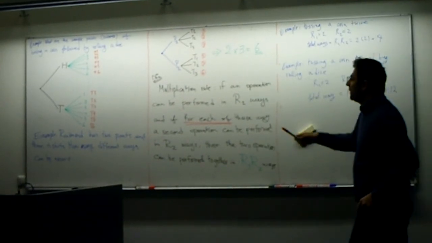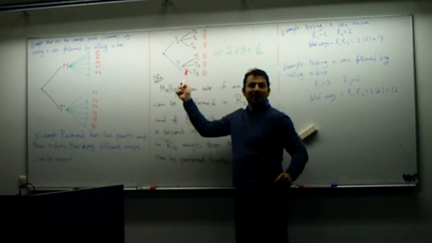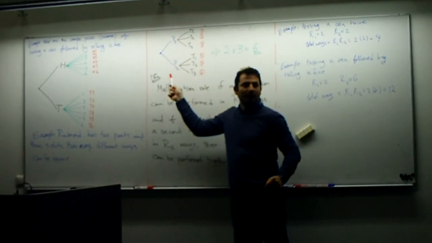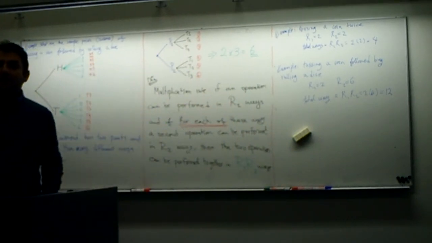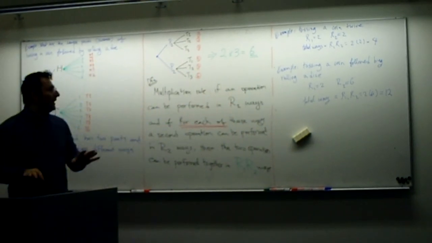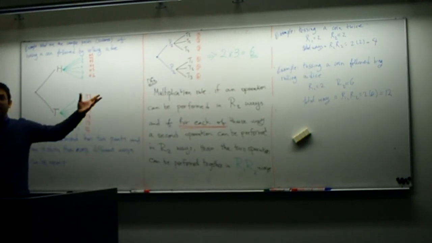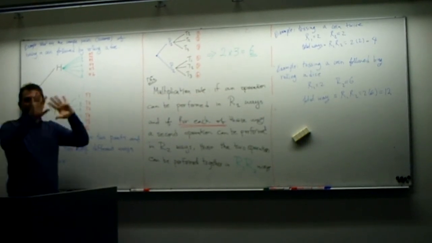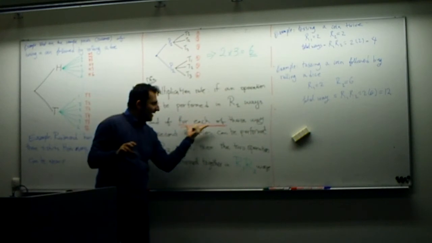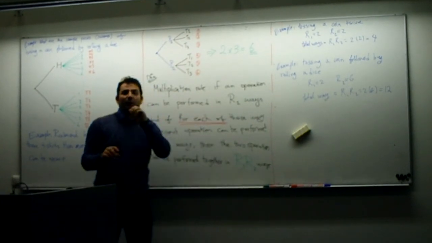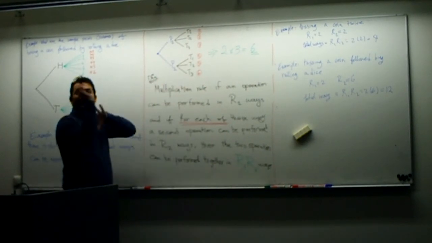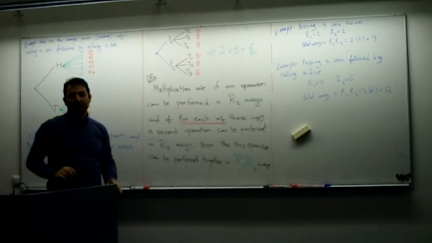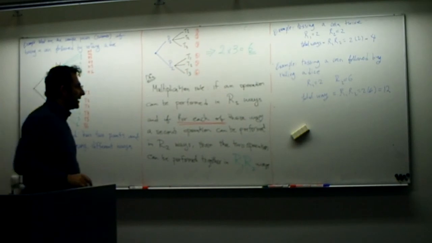So it doesn't matter what you choose, the next one is independent from the first one. In that case, we can use the multiplication rule. Otherwise, we have to stick with the tree that we have. The tree is very general. But here we have this very important notation. For each of the outcomes in the first way, we have an independent, similar way of treatment in the second one.